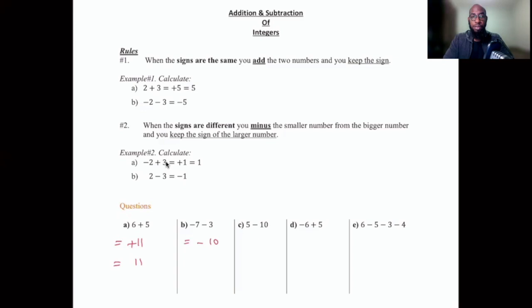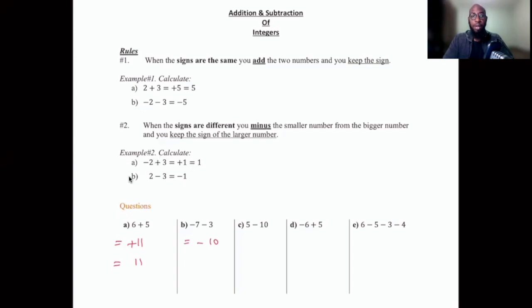In front of 3, we have a positive sign. Or to the left of 2, we have a negative sign. To the left of 3, we have a positive sign. So the signs are different. So subtract the smaller number from the bigger number. 2 from 3 is 1. And you keep the sign of the larger number being 3. The answer is plus 1. And as I said before, you can simply just write 1 once the number is positive.